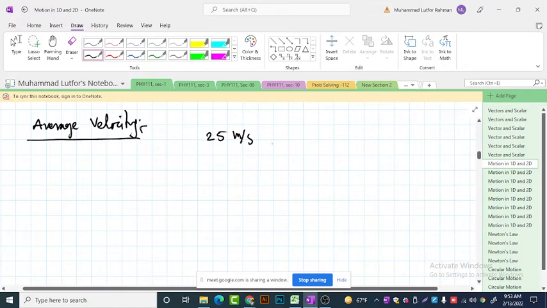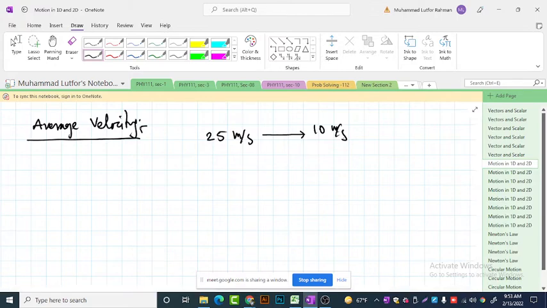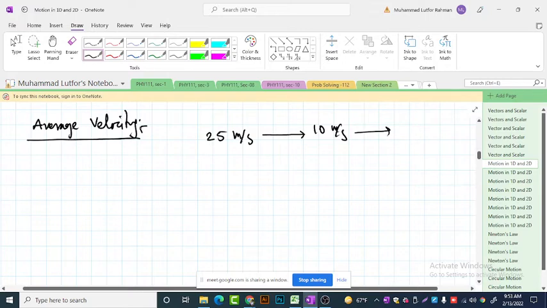Suddenly when you are driving, a pedestrian comes in front of you. What you did, you pressed the brake and instantaneously your car's speed fell from 25 to 10 meter per second. So that's when you slowed down the car, and that pedestrian crossed your car and again you sped up to 25 meter per second.